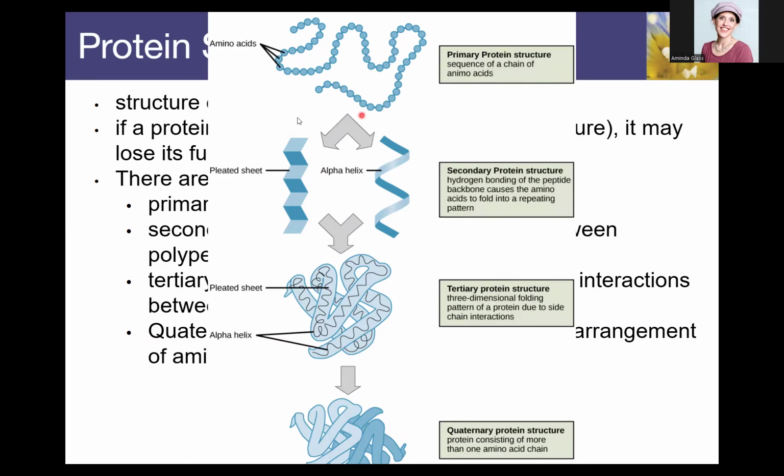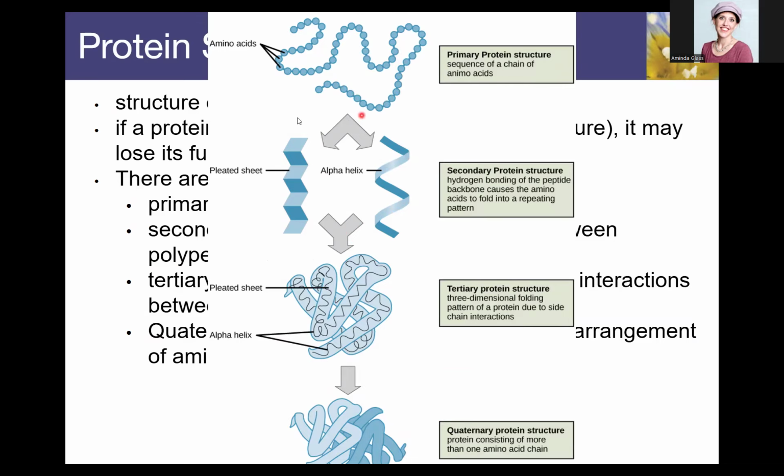Then, once we've folded into the proper pattern, we have the tertiary protein structure, and we've got the 3D folding. And that's where you have the side chain interactions.